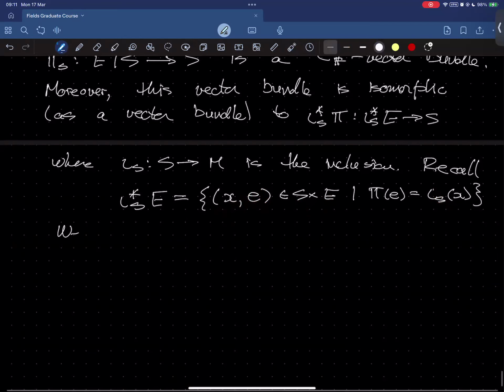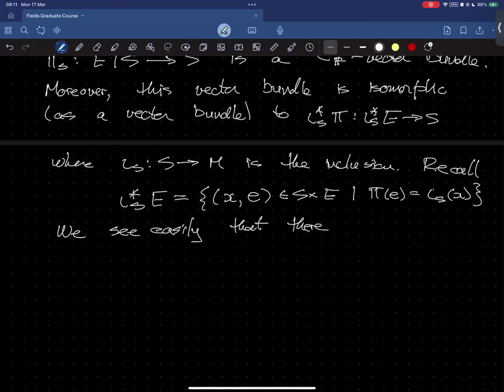And so you can just see by construction, easily, and by easily I mean just directly, that there is a bijection at least.